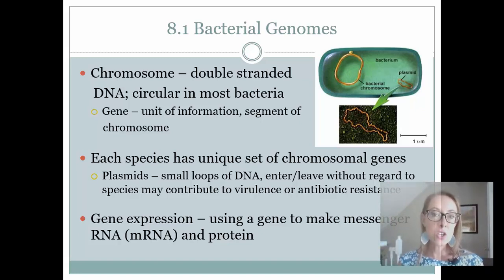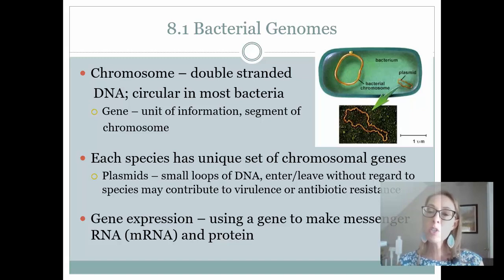A gene is a unit of information: the sequence of nucleotides on that little stretch of the chromosome is the information needed to make an RNA molecule and ultimately a functional protein. So when we talk about the different genes that one species has versus another species, what we're really talking about are the genes present on that big chromosome.